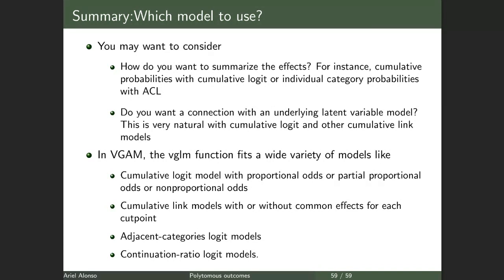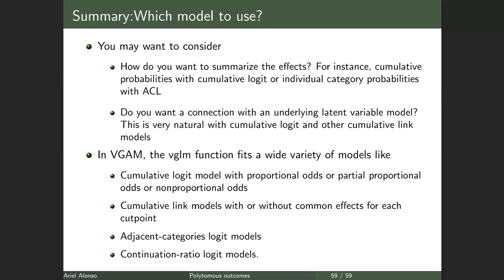If in your concrete problem you see it is an advantage if I can interpret my results in terms of a latent process, that may be the case, for instance, in psychology. Very frequently you work with these latent variables. Then you may prefer the cumulative link model over the ACL model. If, for instance, you have a case control study, then you know you cannot use the cumulative link model. You need to use an ACL model, etc.